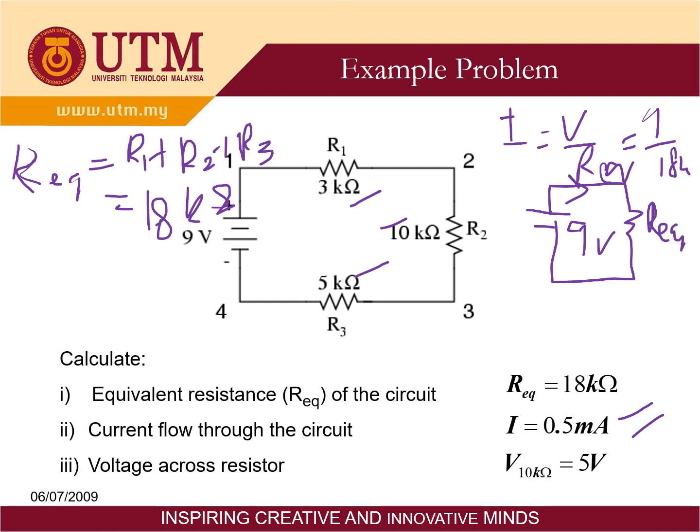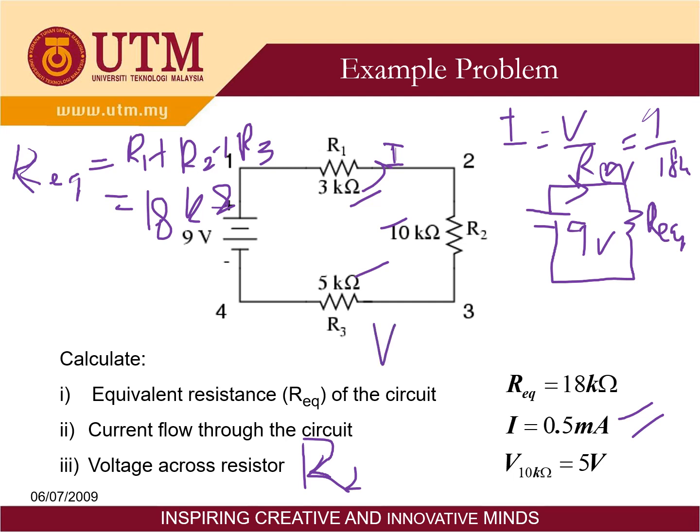Now find the voltage across the 10 kilo ohm, which is R2. How to get this? As you can remember, in series the current is the same. So when the current is the same, you just use Ohm's law.